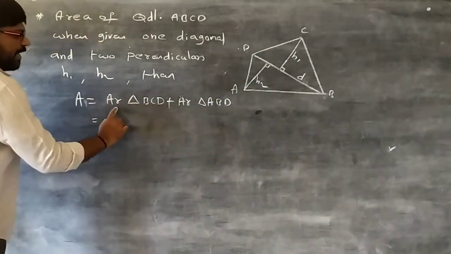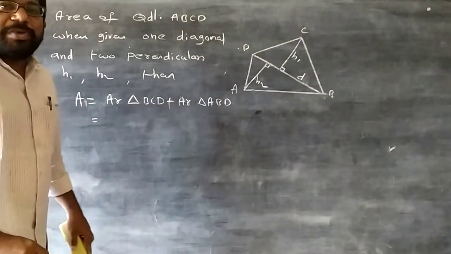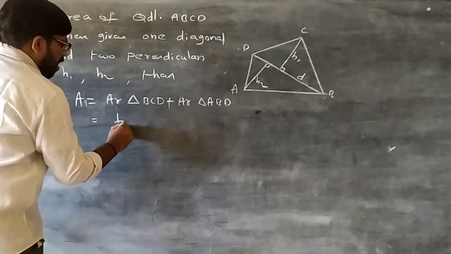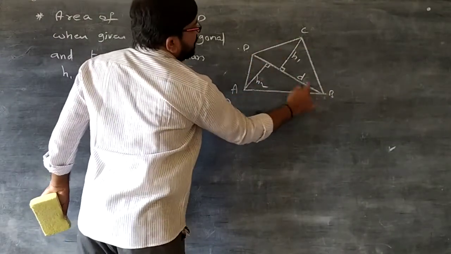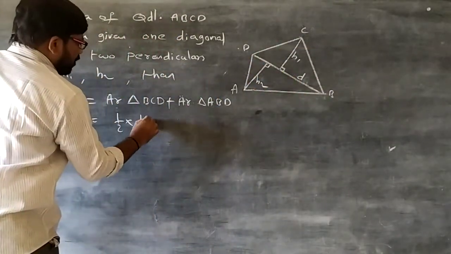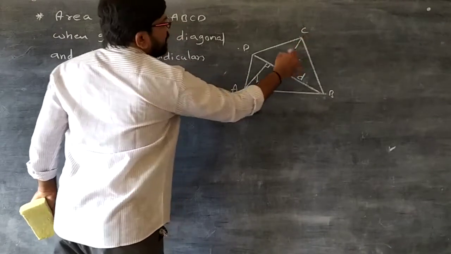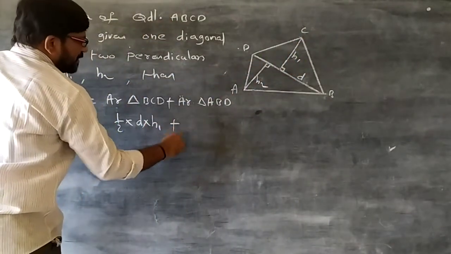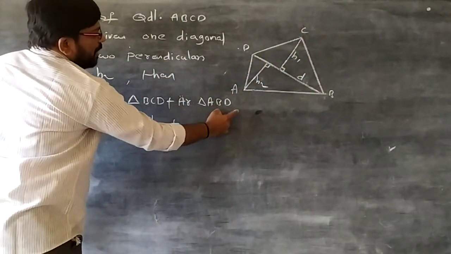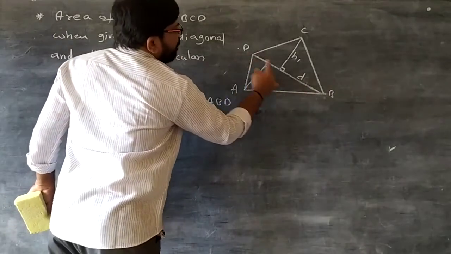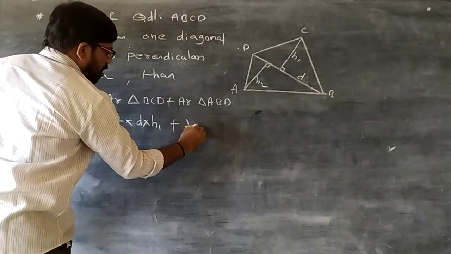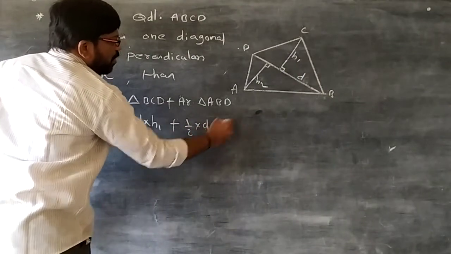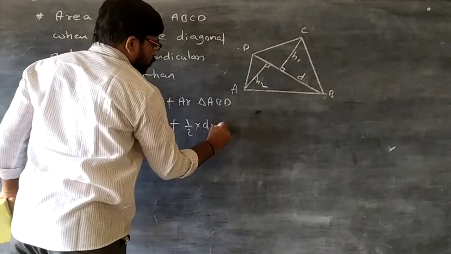We know very well area of triangle BCD is half into base into height: half into base D into height H1, plus area of triangle ABD, whose base D is common for both triangles, half into base D into its height H2, right?